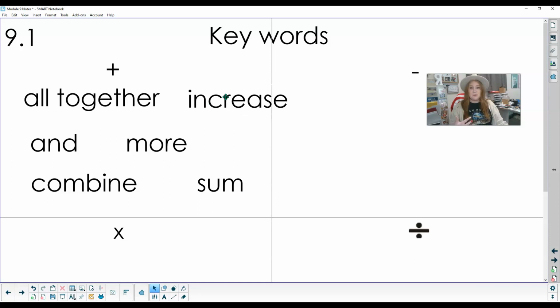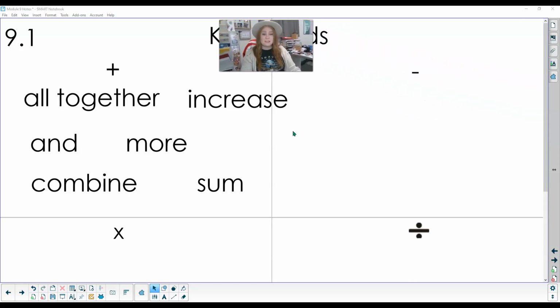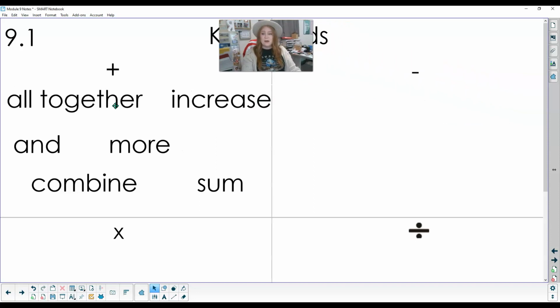Those are just a few of the ones, and there's more, right? If I can think of this word, it asks me how many are there in all, which is kind of like how many are there all together. So once we know a few, we can connect them to other ones. Some of our subtraction ones are difference. What is the difference between these? You could do fewer.